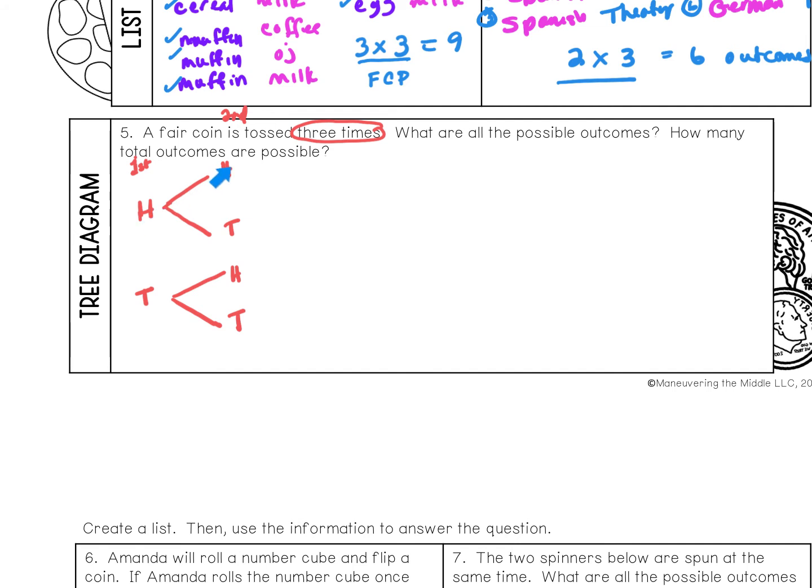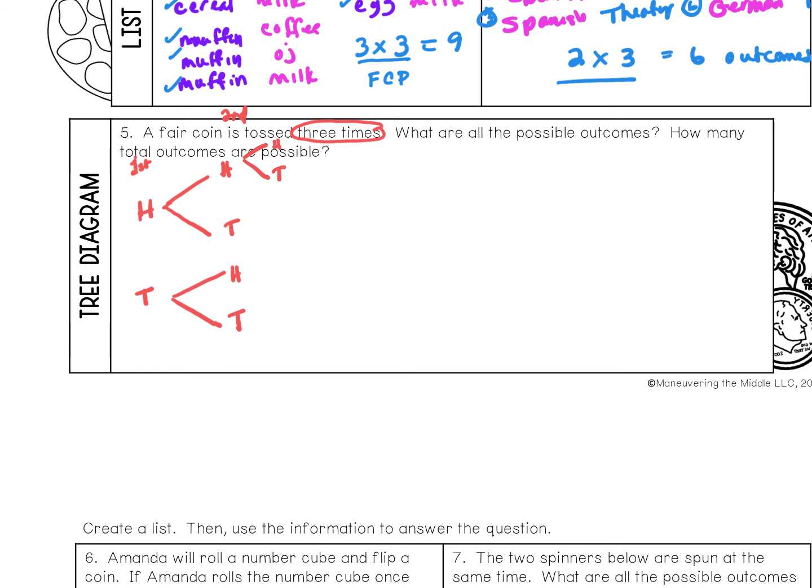So if we stopped after our second toss, we would have heads, heads, heads, tails, that's 2 choices, tails, heads, tails, tails. So that would be 4 choices. But they asked us at the beginning, we're going to toss the coin 3 times. So now from each branch of the second, if I toss the coin, I could get heads or I could get tails.